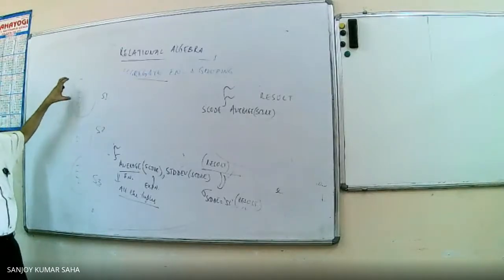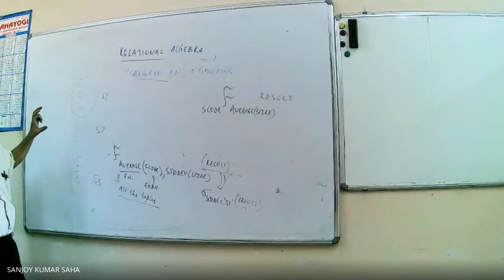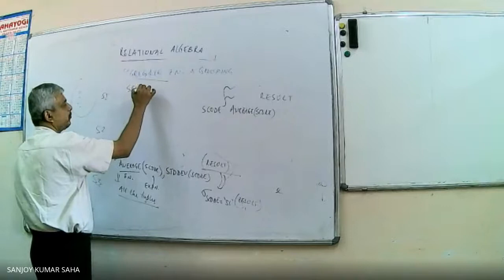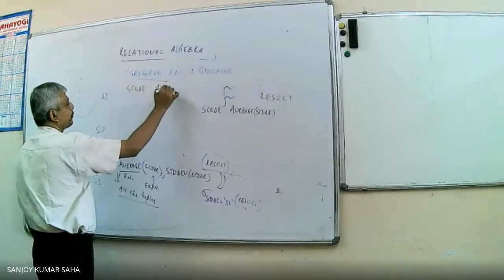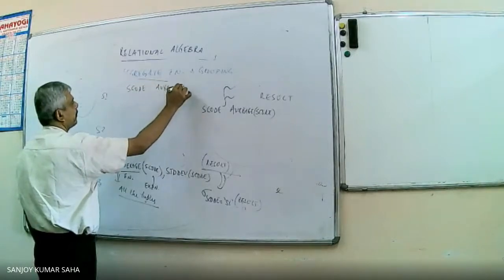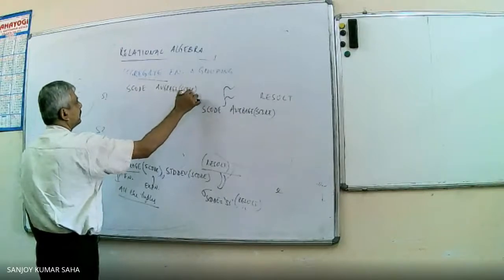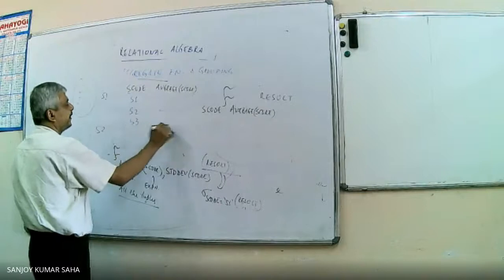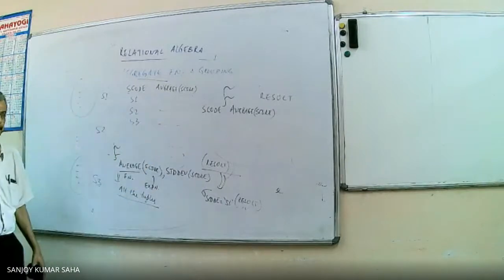For every group, it will give us some output. So now the schema will be subject code, average score. For S1, S2, S3, every group, we will be getting some result.